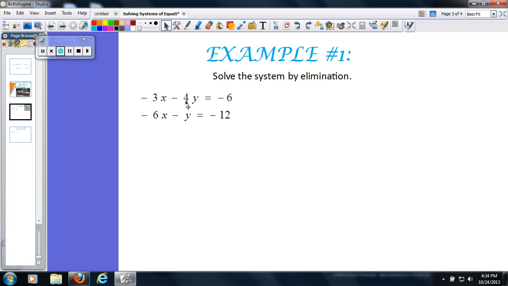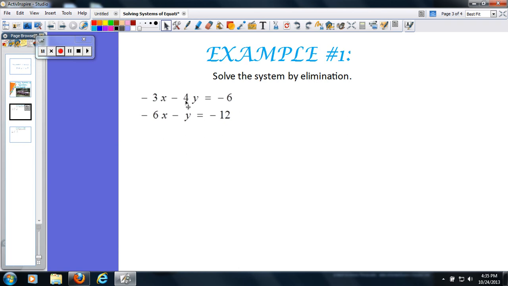When we look at the first part, we see negative 3x and negative 6x. I can multiply negative 3x by one number to get negative 6x, but let's see if there's an easier one.